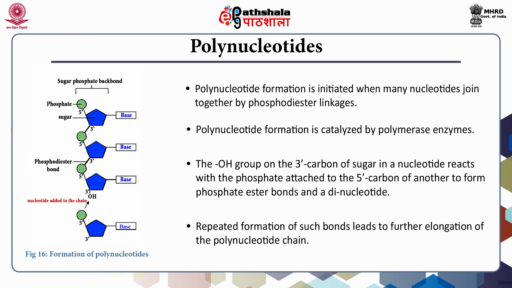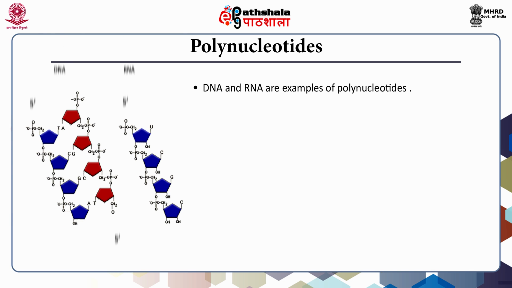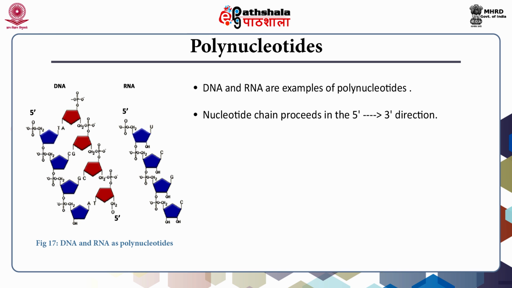Repeated formation of such bonds leads to further elongation of the polynucleotide chain, which can be seen in the figure. DNA and RNA are examples of polynucleotides shown in the figure, where the nucleotides are arranged in a linear way and proceed in 5' to 3' direction.